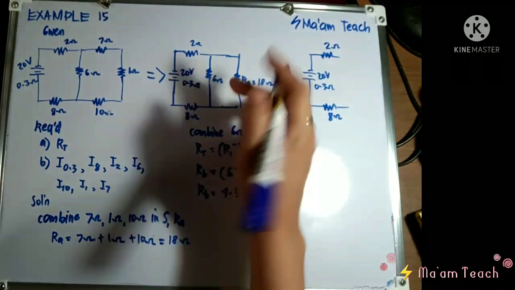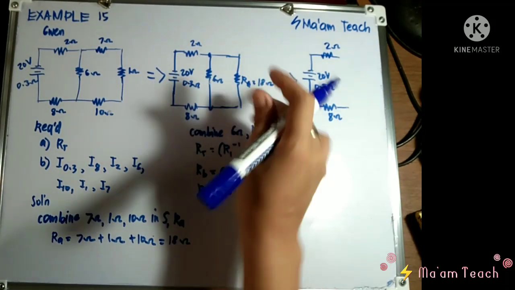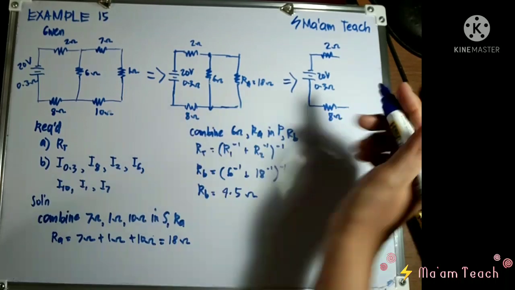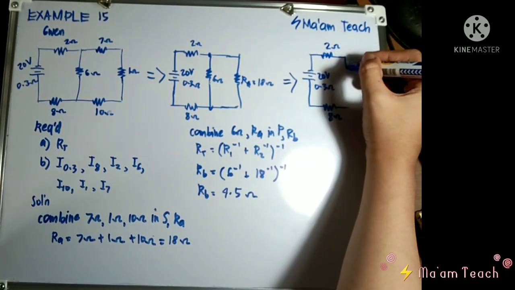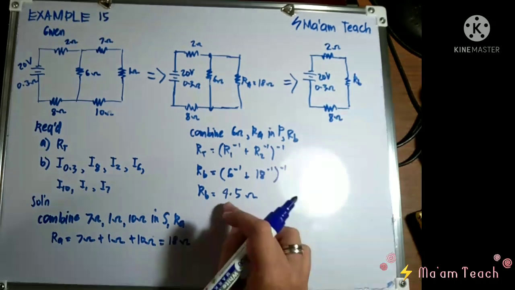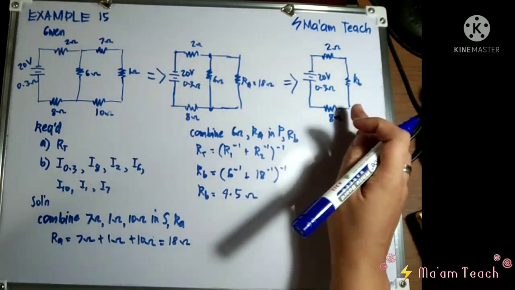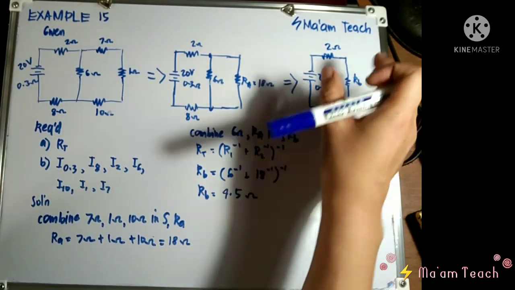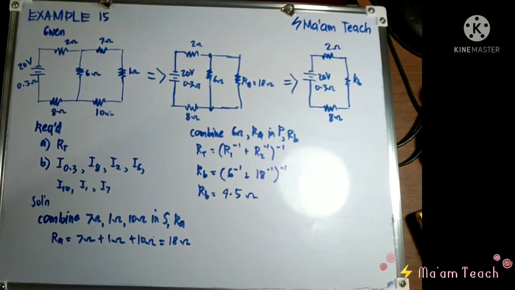And since at this part here we have combined the 6 and 18, this is already our R sub B, or the combination earlier. Okay? So as you can see, class, it is already simplified, which becomes a series circuit, which is easy for us to solve, right?